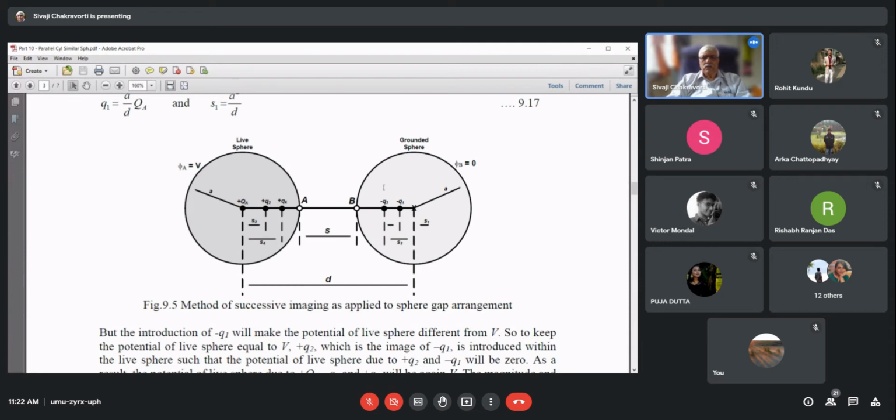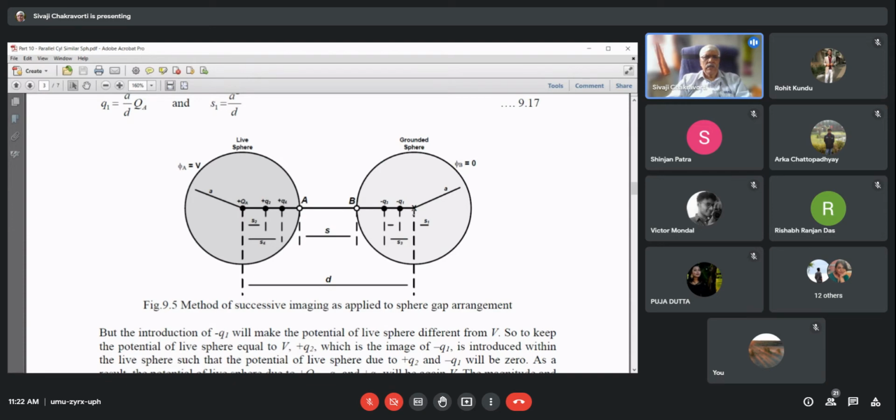But now I have a grounded sphere. So I have to make the potential of the grounded sphere 0. Now if I consider only plus QA, then the potential of this grounded sphere surface will not be 0. So as per our previous discussion, we take an image minus Q1 at a certain distance S1 from the center of the grounded sphere.